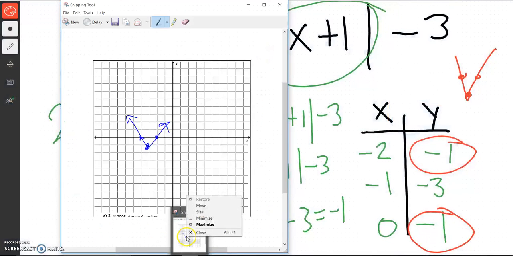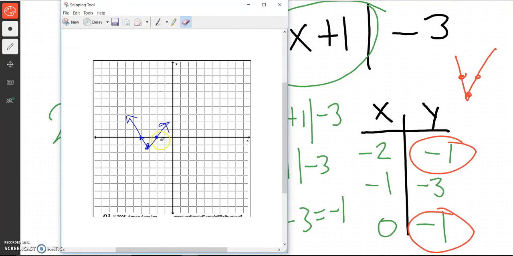So let me get my snipping tool. Erase this stuff over here. Get my pen again. And let's go. So -1, -3. Point right there. And a point at 0, -1, so a point right there.